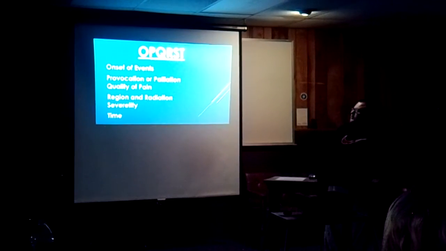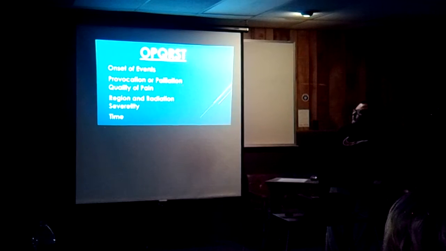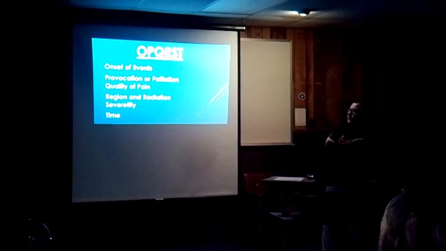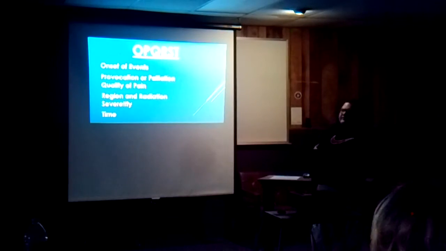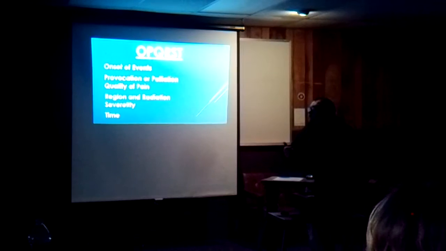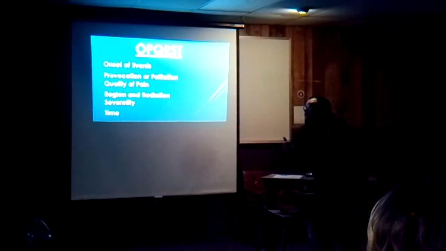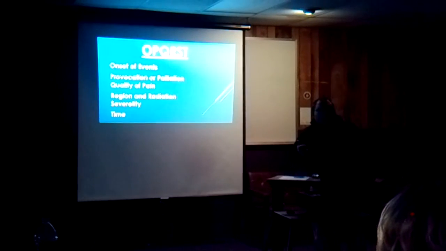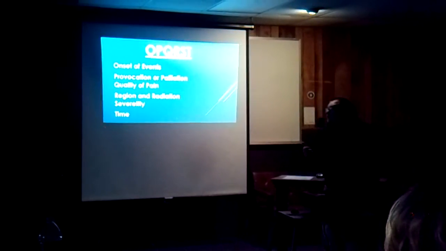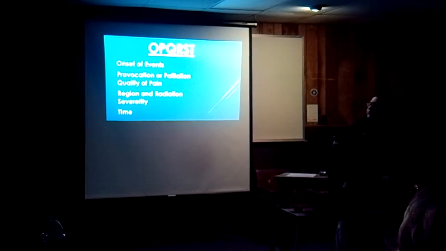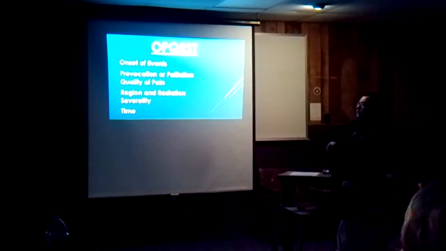Provocation: what makes the pain worse, what makes the pain better. For example, a patient has a left shoulder injury from this car wreck. Obviously, the pain is going to be worse when they move their left shoulder, right? But the pain is going to be better if you splint their shoulder properly with a sling.